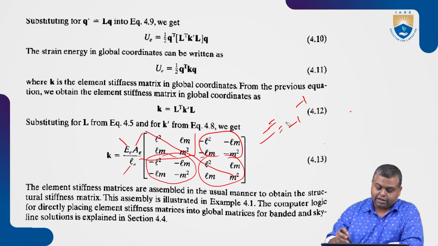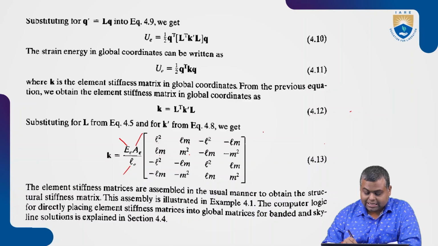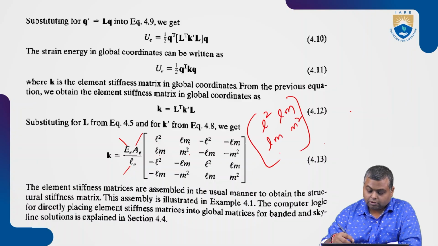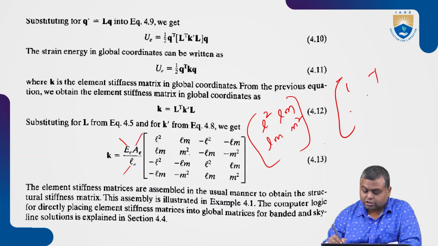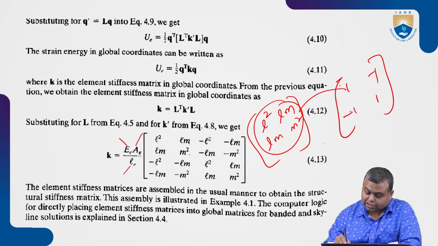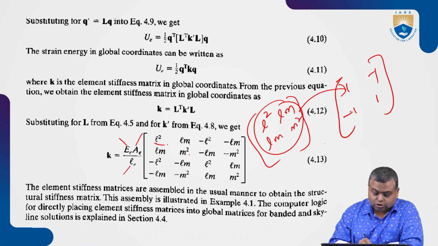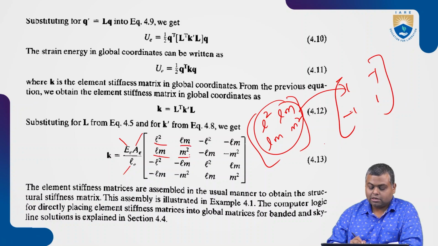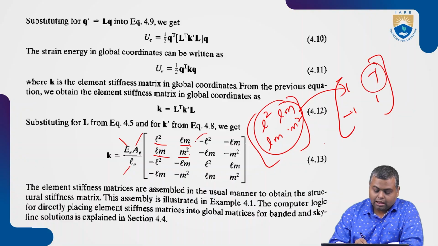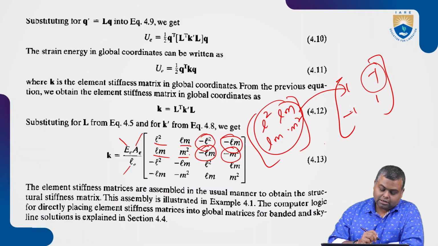If you see it very carefully, instead of 1, we are going to have L square, LM, M square. There are 4 components, 1, minus 1, minus 1 and 1. If I multiply this whole component with respect to 1, I will get L square, LM and M square. Similarly, if I multiply this component with minus 1, I will get minus L square, minus LM and minus M square.